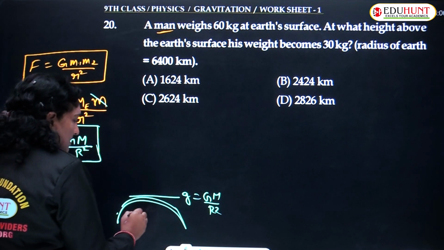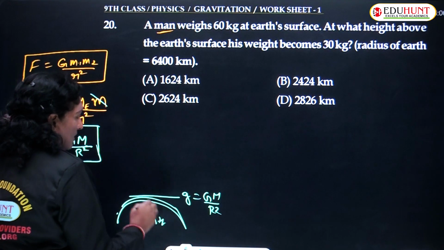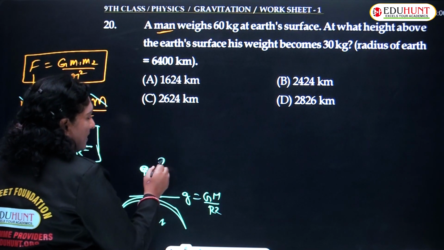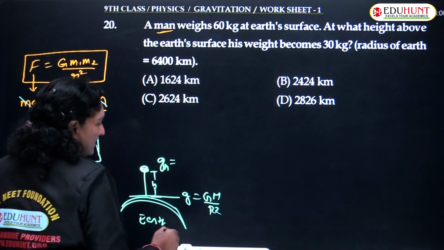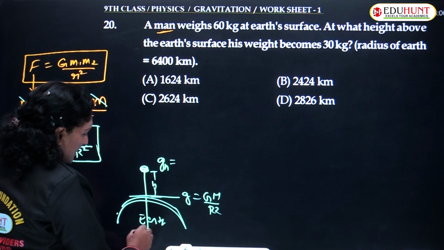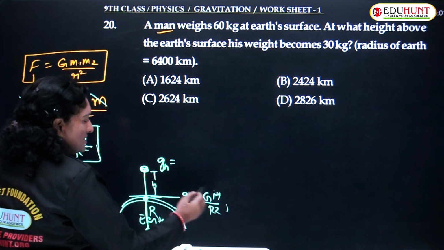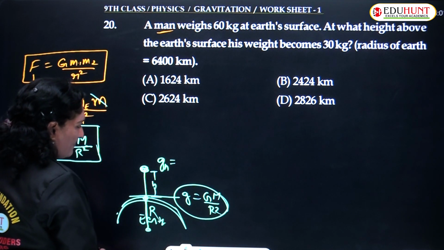If this is the earth, children, and the body is taken at a height h, what is the value? From the center of the earth to the surface, the radius is R, hence g equals GM by R square.